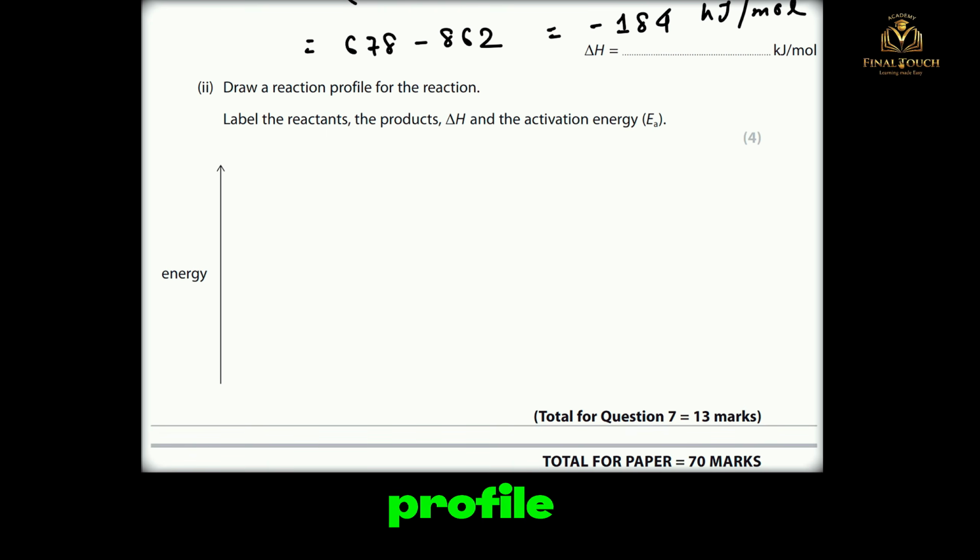So moving on to the last question for this paper. Draw a reaction profile for the reaction. Label the reactants, the products, and the activation energy. So we had a reaction which was exothermic.